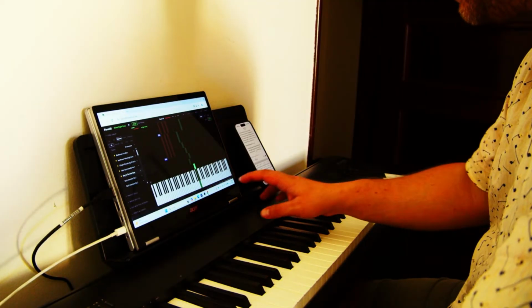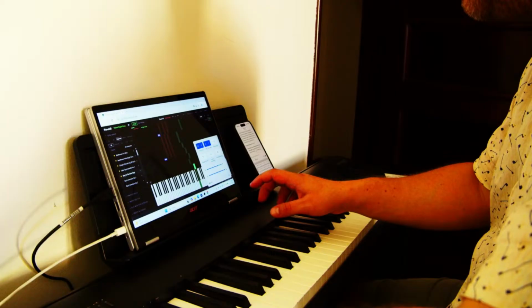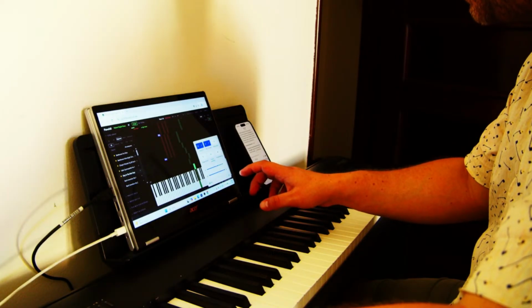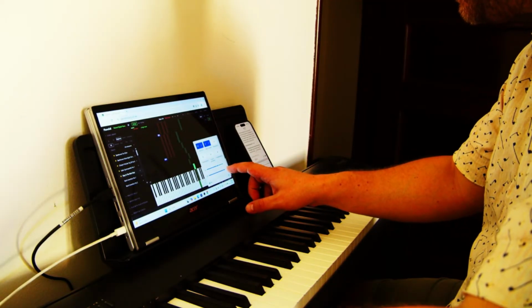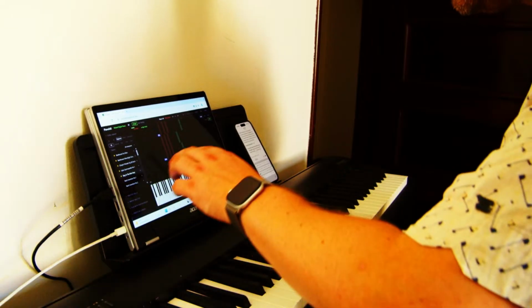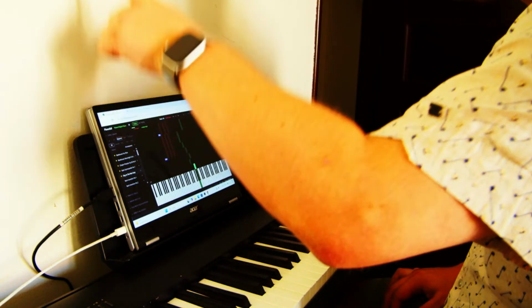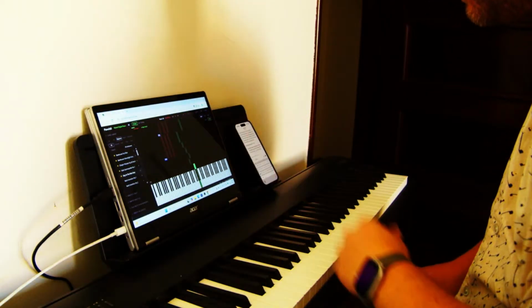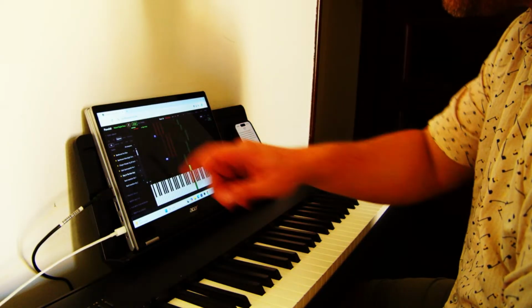Okay, we put the sound back and put this on the piano again, so that the sound from the laptop comes from the speakers of the piano. And now we want to disable this.